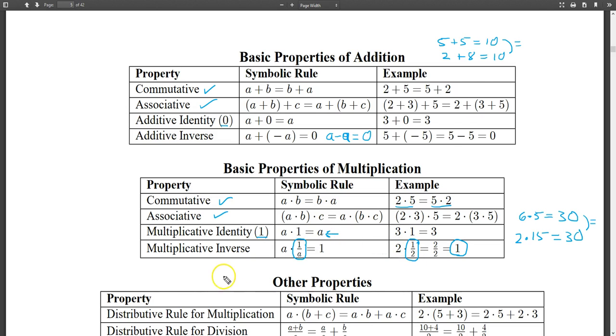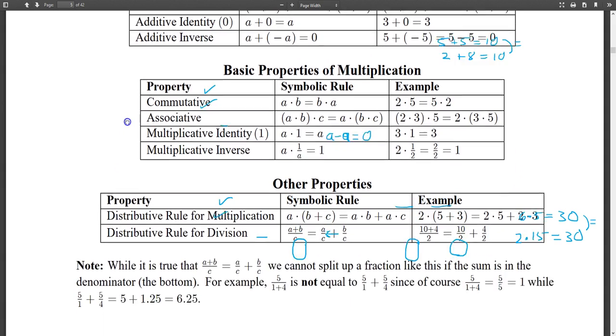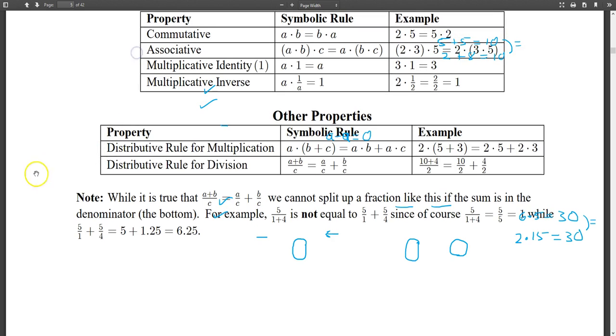We also have some distributive rules for multiplication and division. So the distributive rule for multiplication goes like this.